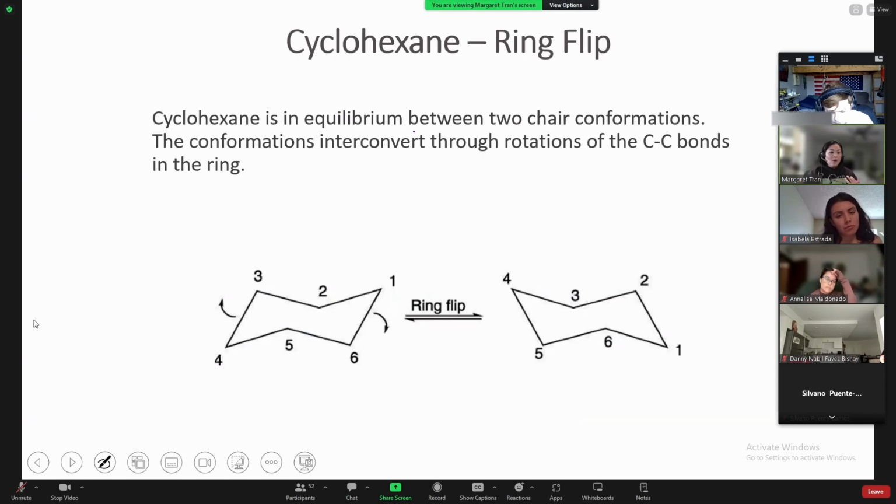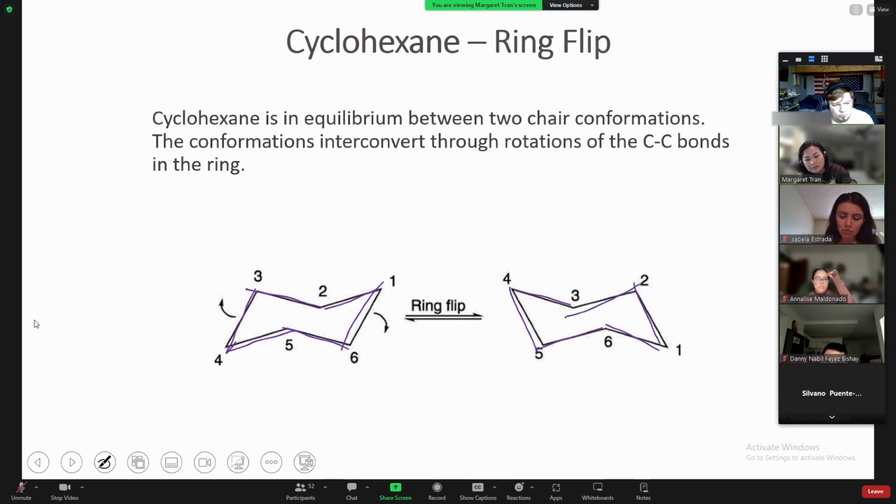With your cyclohexane, there's going to be a ring flip. So you need to make sure that you can draw these parallel lines and how they are drawn. And then you're going to be able to ring flip them. With the ring flip, if you start on 1 on that corner, it goes clockwise one over, and it just goes numbering.